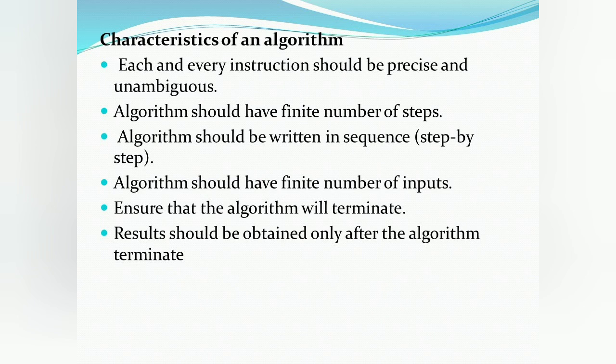Each of its steps should be clear in all aspects and must lead to only one meaning. The next point is algorithm should have a finite number of steps. That is, it should not end up in an infinite loop or similar. The next characteristic, algorithm should be written in sequence. That is, the algorithm should be written in step-by-step order.